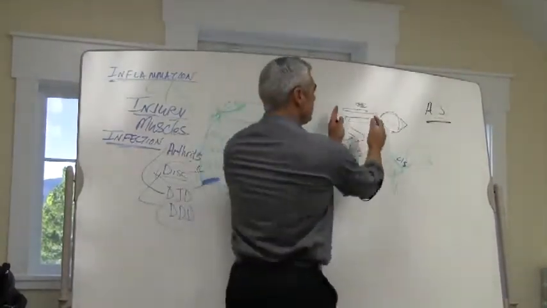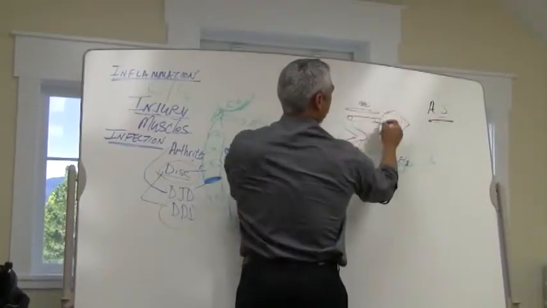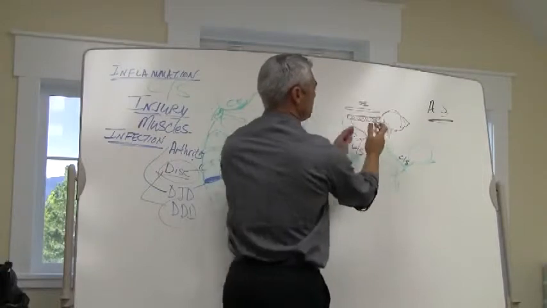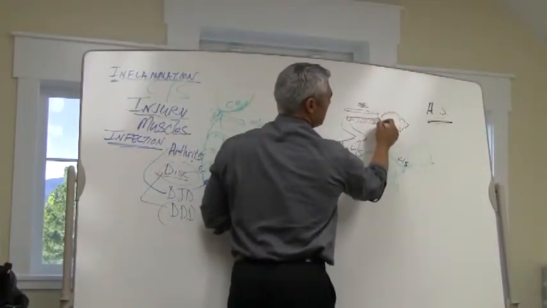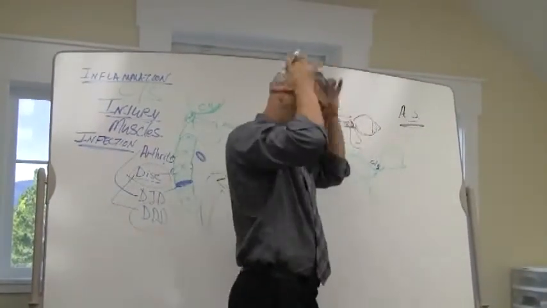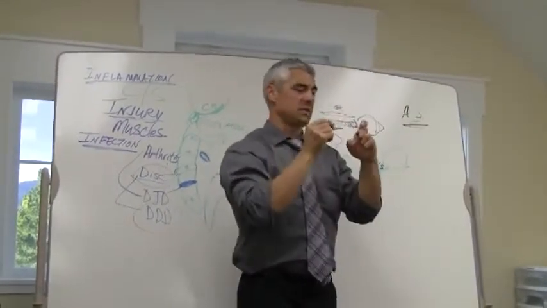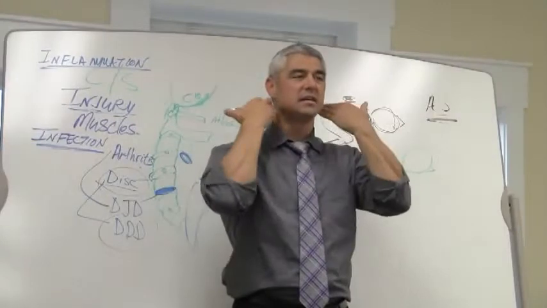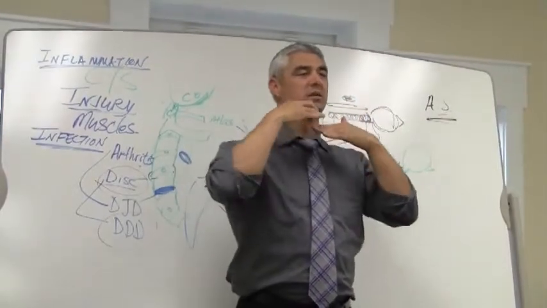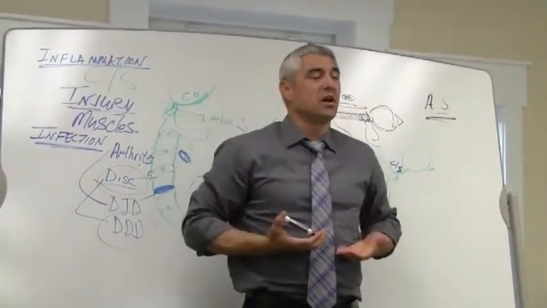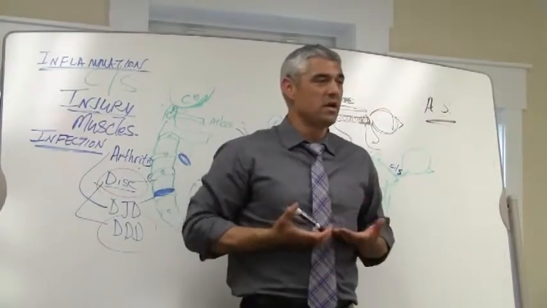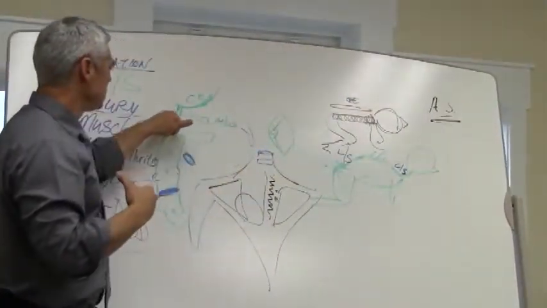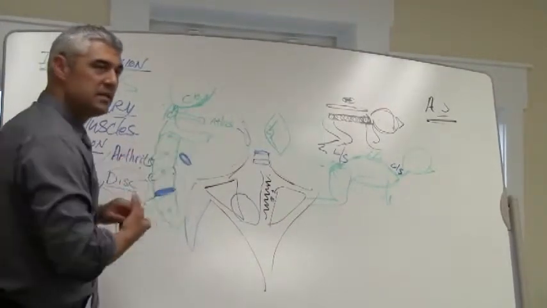Okay? This disc though is starting to elongate within the first few days of existence, and initially the cells that are up here that will eventually become the head, we actually have what are called gill plates in the neck. Those gills actually start to elongate and differentiate such that our diaphragm that we breathe with originally started clear up in our neck at the level of C1, 2, 3.